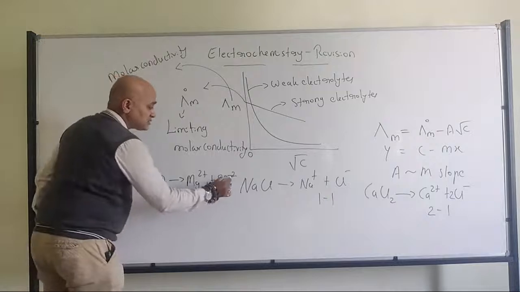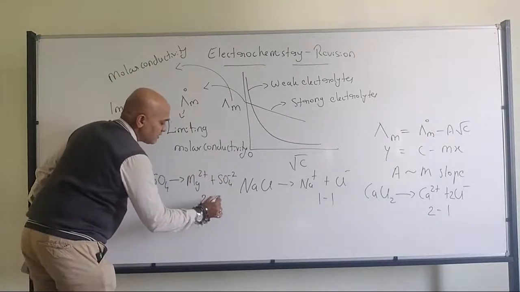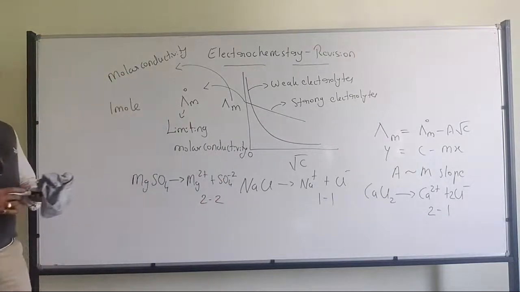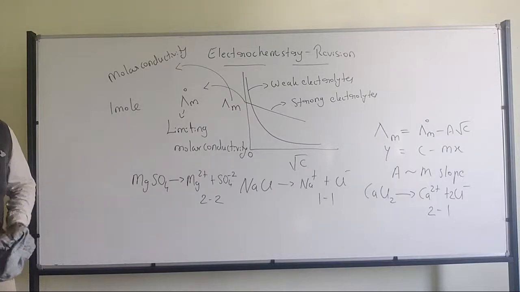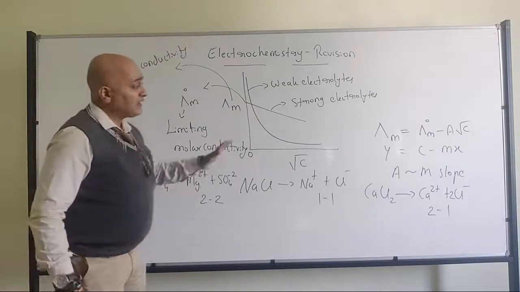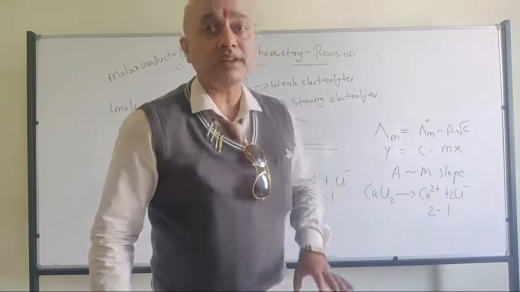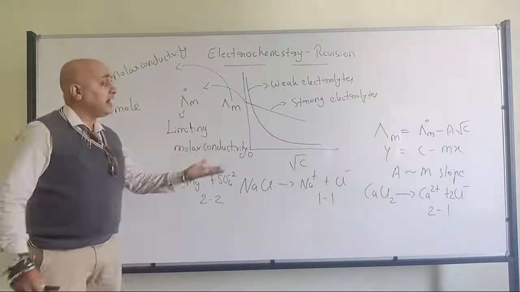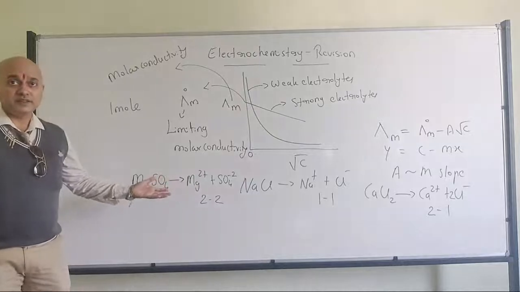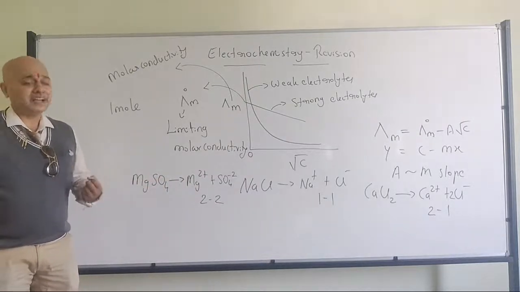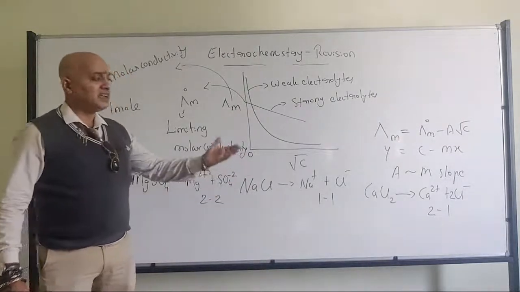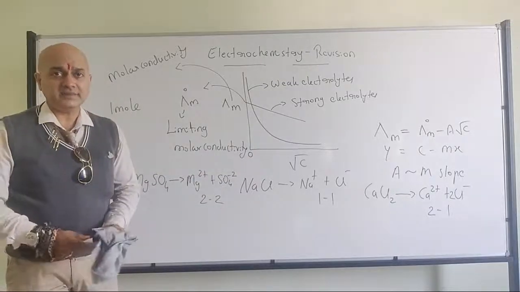Therefore we will call it a 2-to-2 type of electrolyte. What I mean to tell here is, we can classify a given salt or electrolyte based on the ions it forms and the charge of those ions. Based on that, we can have different categories.